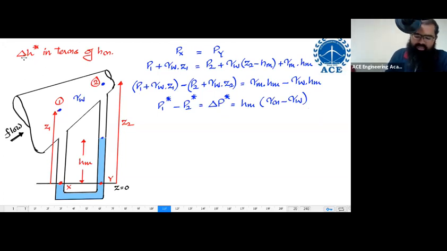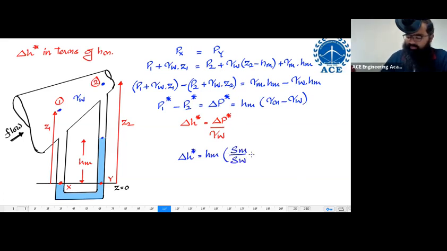If I want delta H star, I can say delta H star is delta P star divided by gamma of the working fluid, because we know head is equal to pressure divided by gamma. So if I divide this by gamma of the working fluid, the value of delta H star becomes HM multiplied by gamma M by gamma W, which is SM by SW, minus gamma W by gamma W, which is 1. This is the formula we are having.